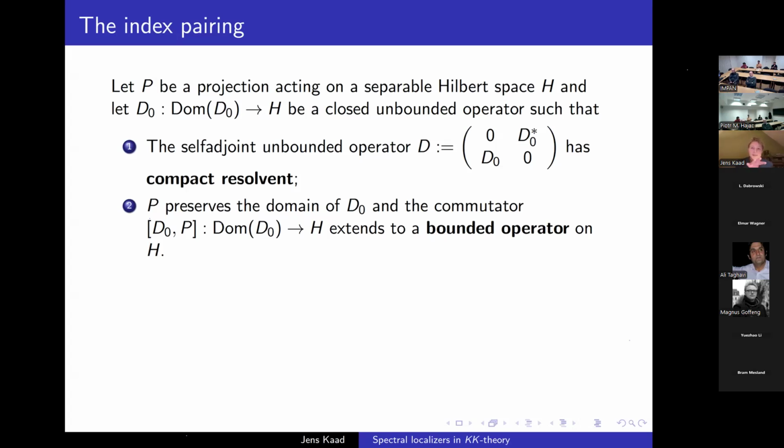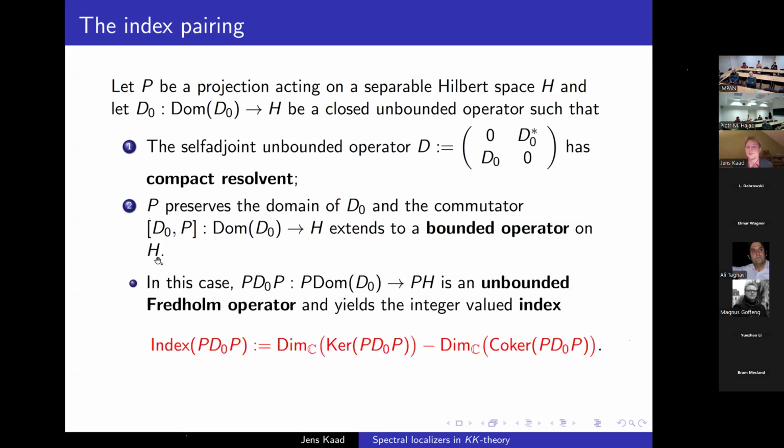Once I have these two conditions satisfied, I have an index problem. In this setting, I can compress D naught with my projection P, and I get a new closed unbounded operator acting on the image of the old domain under the projection P, and it takes values inside the Hilbert space given just by the image of the projection.